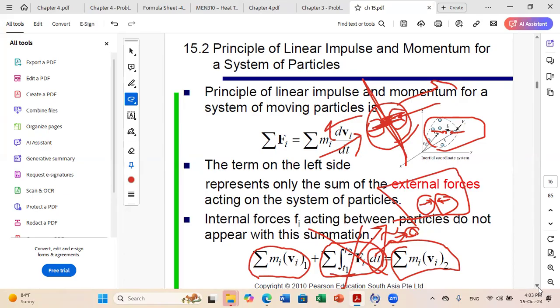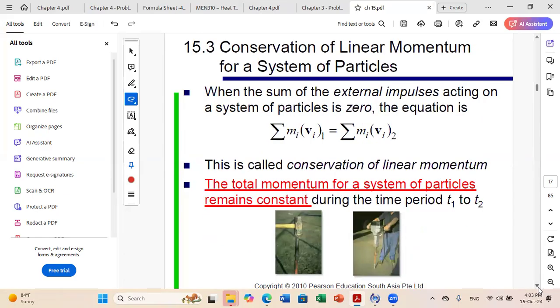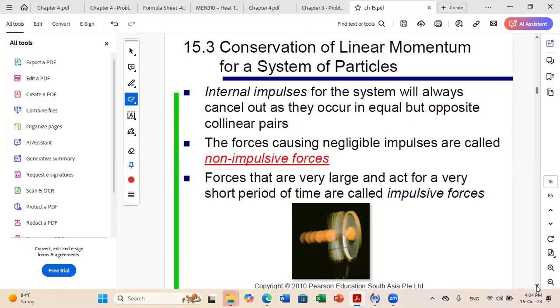So when the sum of external impulses acting on a system is zero, the equation reduces to the summation of linear momentum at the initial state equals the summation of linear momentum at the final state. This is what we call conservation of linear momentum. Let us see how to apply this in problems.